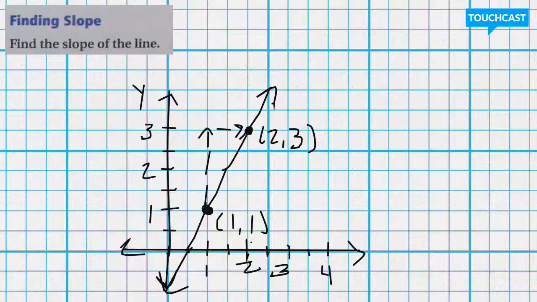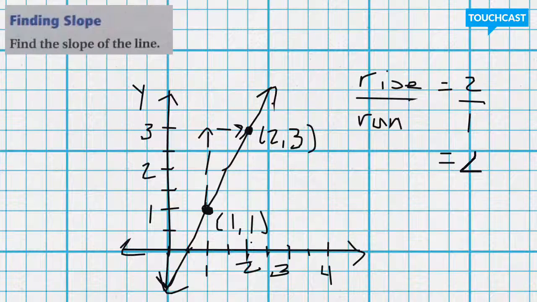So our slope is the rise, which we said was 2, over our run, which we said was 1, and 2 over 1 is simply just 2, which means the slope of this line is 2.